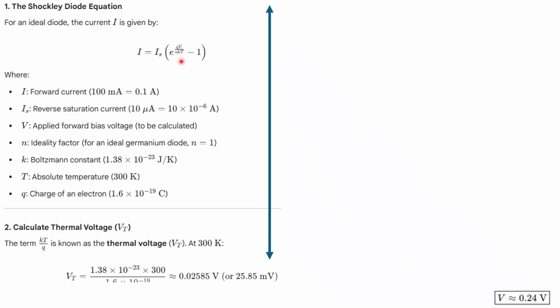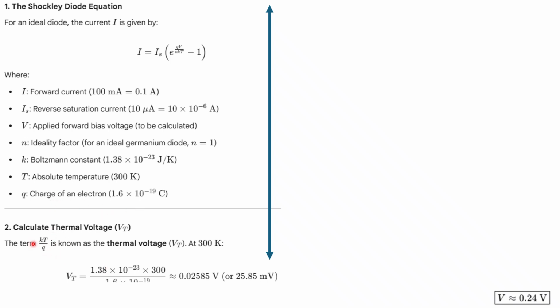Why V by eta Vt? Because Vt, the thermal voltage, can be written as kT by q, so you can replace these values. Eta is 1 for the germanium diode. I is the forward current, Is is the reverse saturation current, K is Boltzmann's constant, T is the absolute temperature, and q is the charge of an electron.